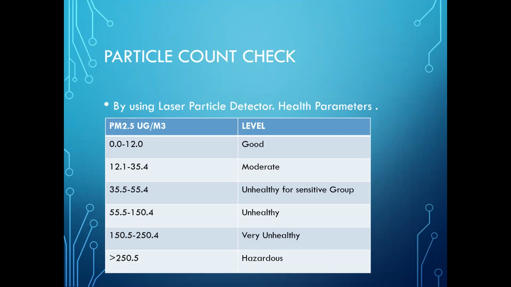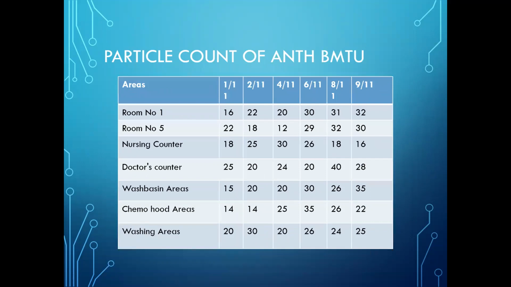These are the levels: good, moderate, unhealthy for sensitive groups, unhealthy, very unhealthy, and hazardous, per meter squared. This is the particle count of the BMT unit, and the good and healthy counts are seen in this picture.